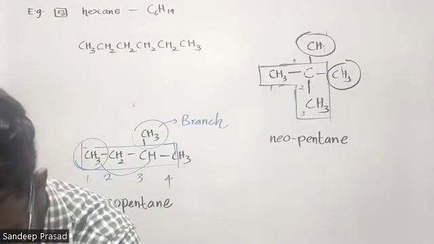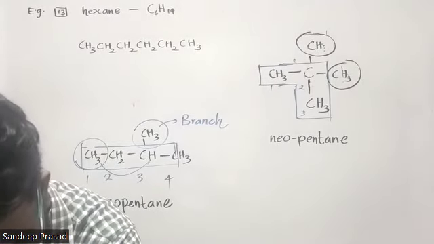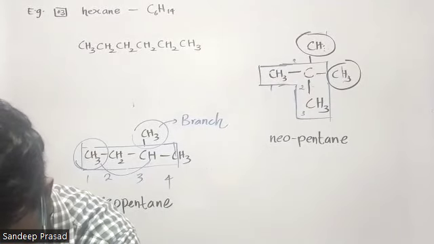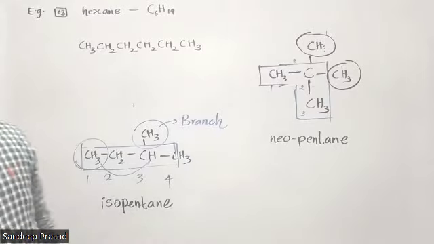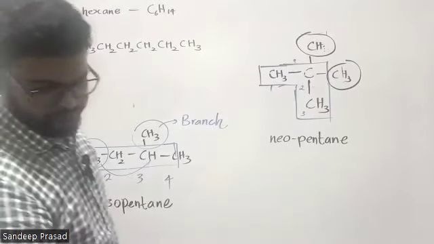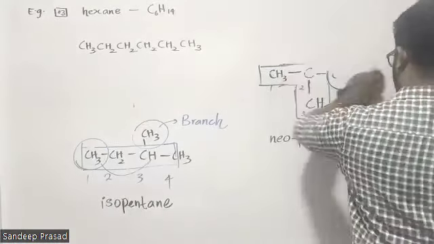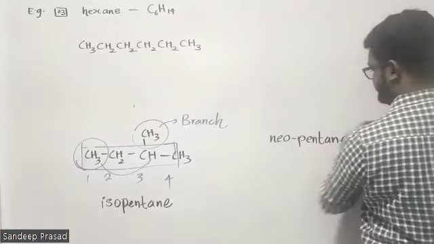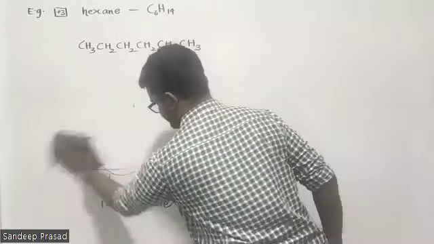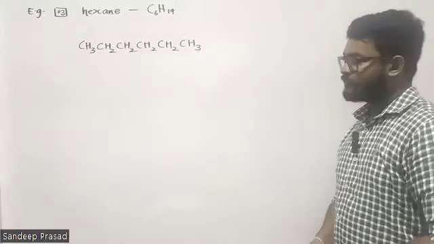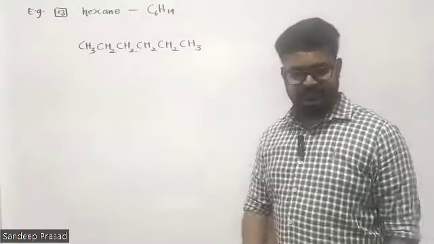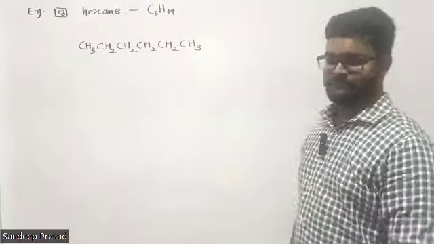We have more than three, more than 3 or 4 for hexane. Yeah, most of you are telling that we can draw 4 structures. Let's see.